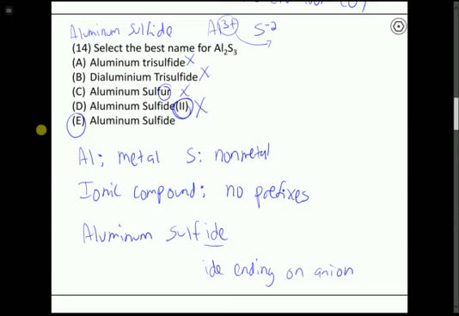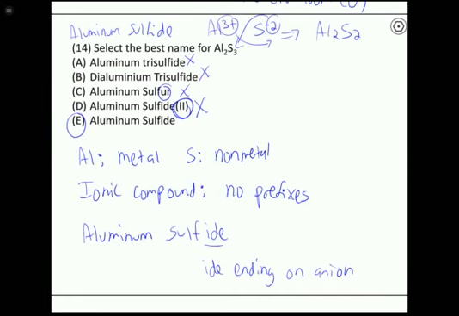So we can just cross over the charges and make them subscripts. And this gives us Al2S3. So if we want to take the name and find the formula, for ionic compounds we need to consider the charge of each ion, because in most cases the name doesn't tell us that directly. For covalent compounds it's a little more straightforward because we just use the numerical prefixes to tell us how many of each atom there are.